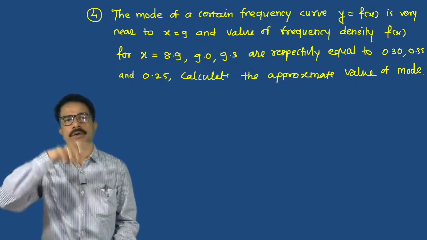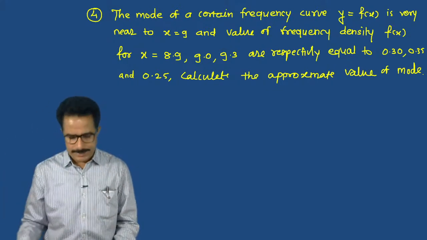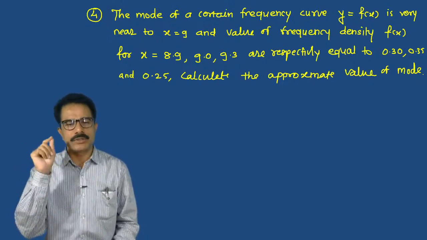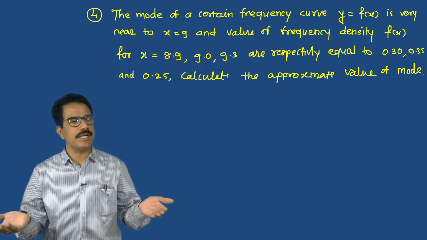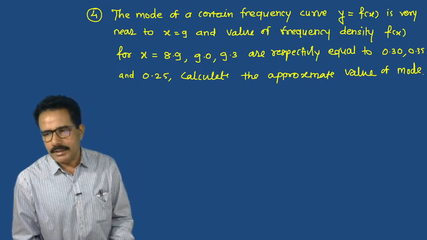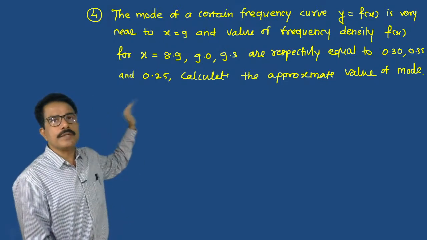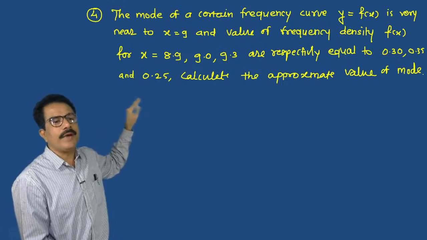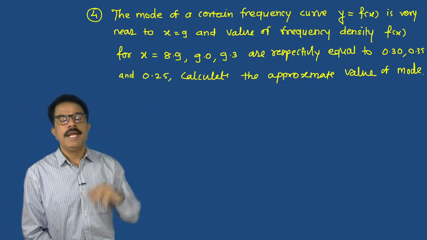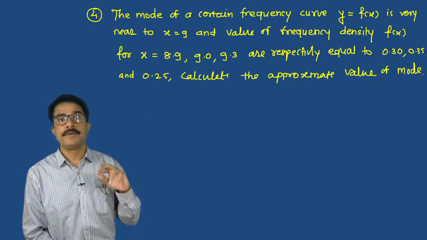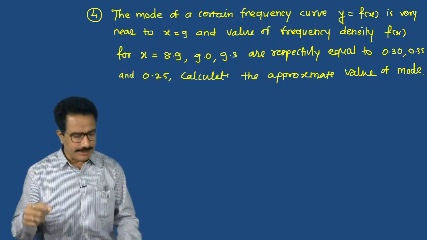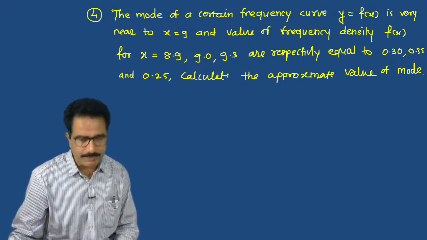So we have to find the mode of that curve, which is nearer to the point 9, for the function f of x. So what do we have to do? First of all, we have to use Lagrange's interpolation formula for finding f of x, and we know that the mode is at a point where it may be a maximum or a minimum.